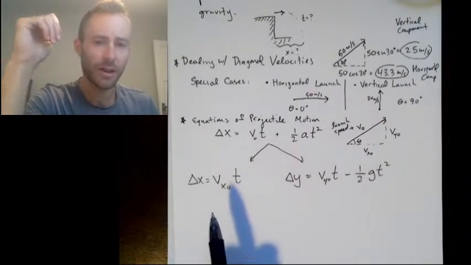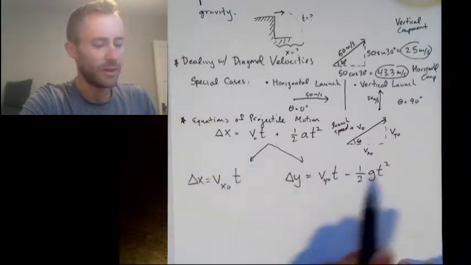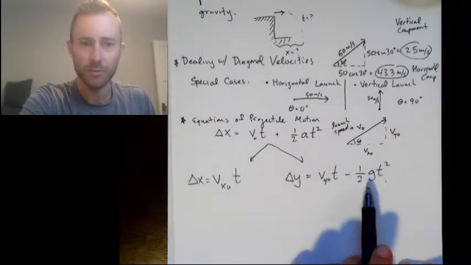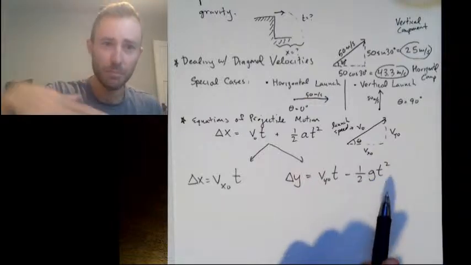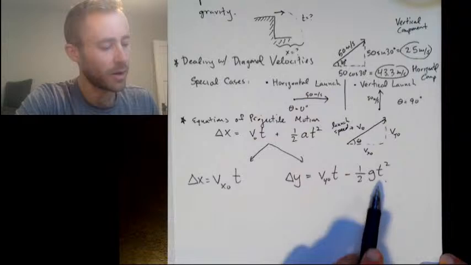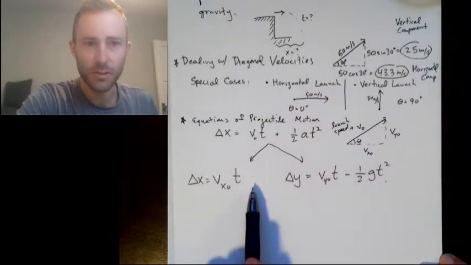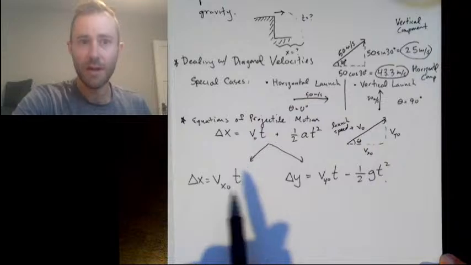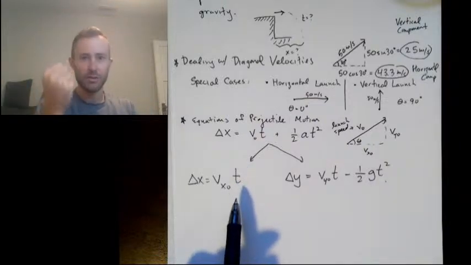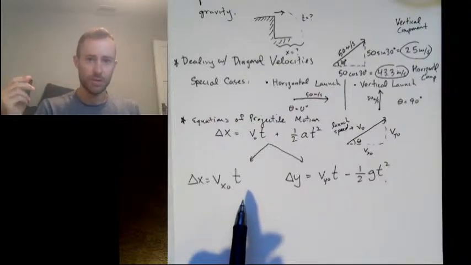My second comment is we notice that this has a t squared term. The t squared term is where the bendiness comes from. That's where the acceleration comes from. Okay, the delta x equation has no t squared term. Why is that? That's because gravity makes something accelerate vertically, but gravity doesn't pull horizontally, okay?